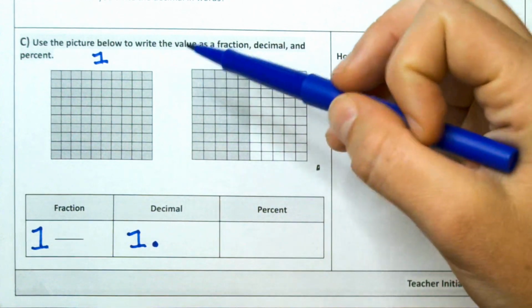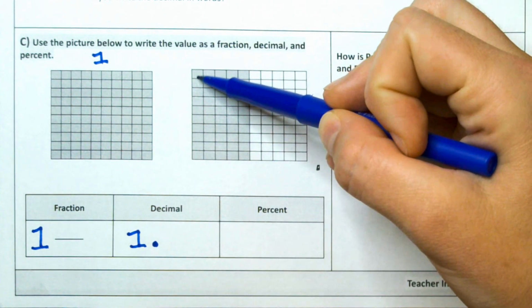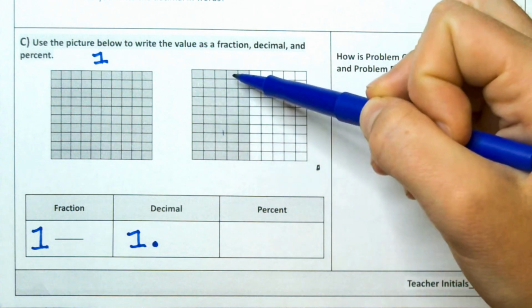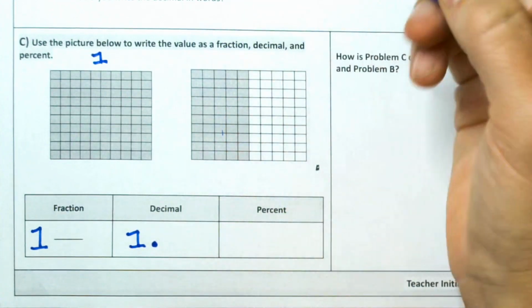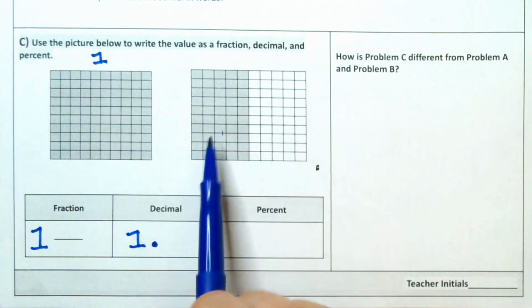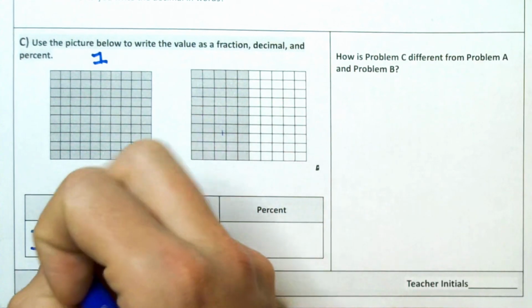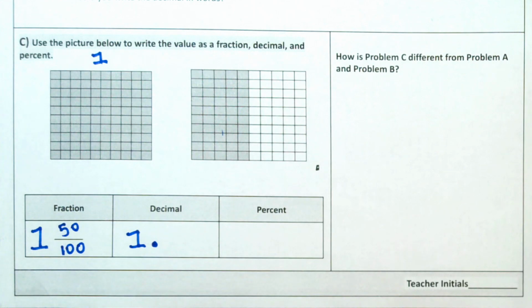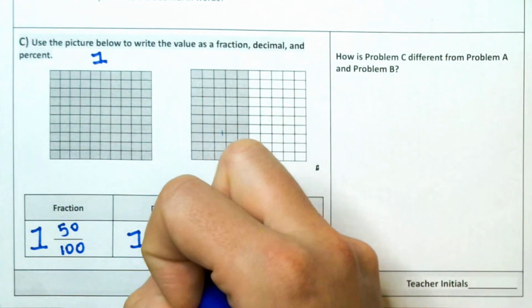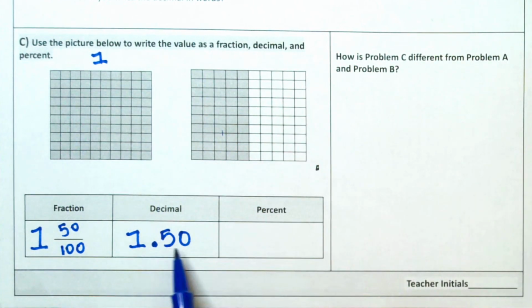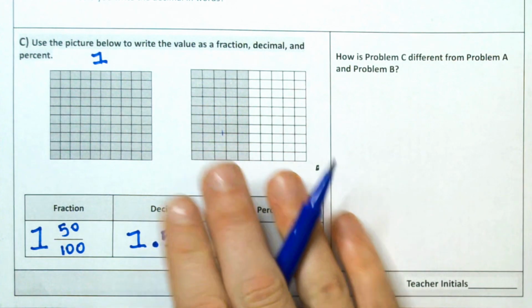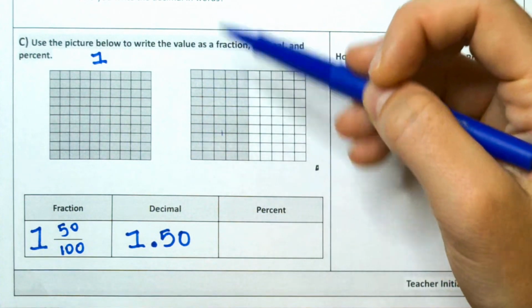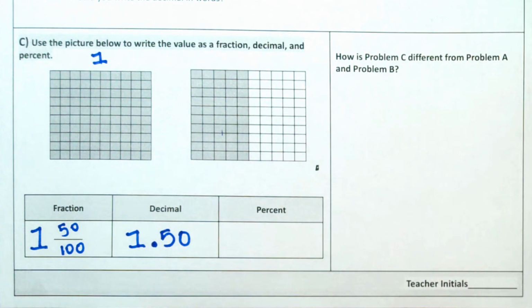So let's figure out what our fraction is going to be. We have 10, 20, 30, 40, 50. So the way I can represent that is 50 are shaded out of 100. And then we have 50 hundredths. Could also just write this as 5 tenths, right? It's 5 rows of 10 in this grid.